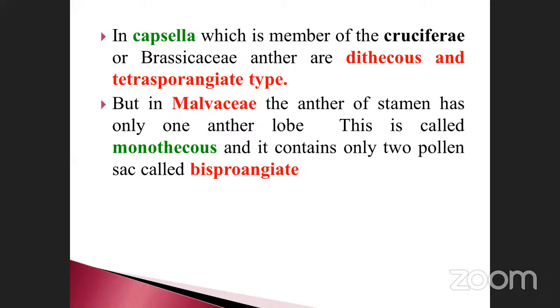Dithecous means 2 lobes, but it looks like 4 chambers. That's why it is called tetrasporangiate. In Malvaceae, the monothecous anther looks like two sporangia in nature. When maturation takes place, the center cells in between degenerate.